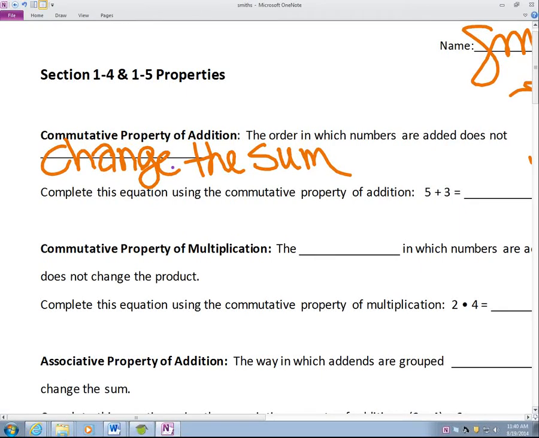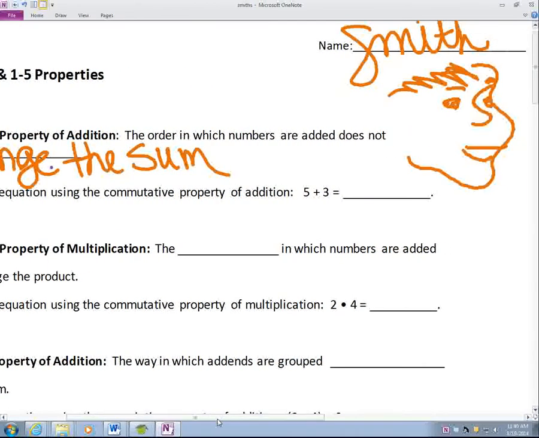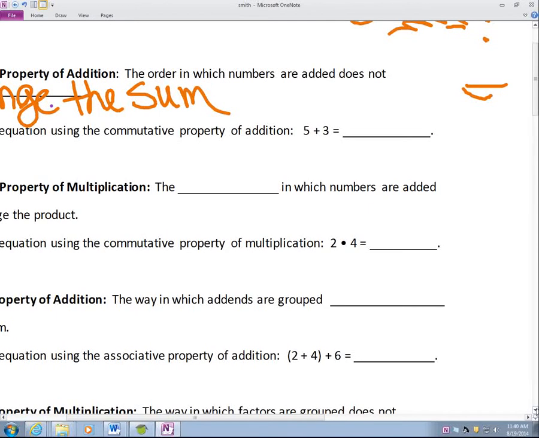Complete this equation using the commutative property of addition. Now, it's not asking you to solve it. It's saying to complete it. So what does it look like? What does 5 plus 3 become from the vocab, if you remember?